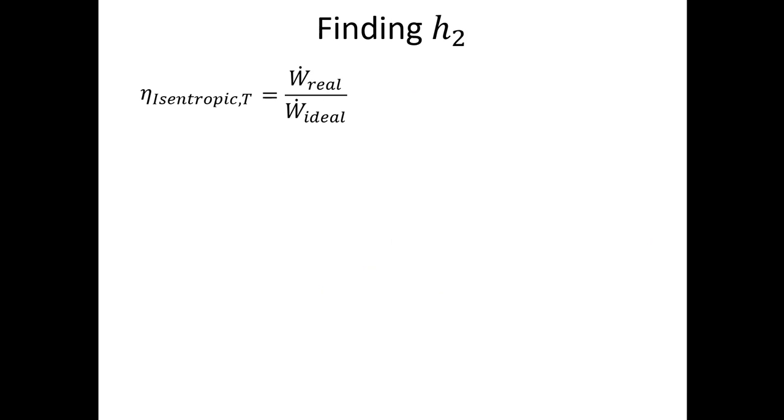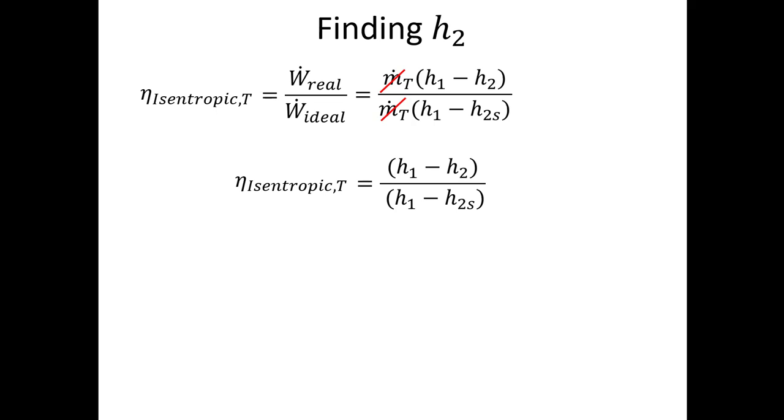So now I have to try to find H2, and I can do that using the isentropic efficiency of the turbine. We've talked about this already, but the isentropic efficiency for turbines is real power divided by ideal power. When I add in my equations, I get this. Again, my mass flow rates drop out, and I'm left with this equation. I know the isentropic efficiency.